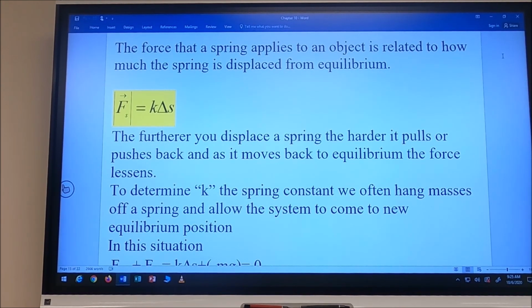A spring force is a variable force. That's going to pop up later, but for right now, a spring force depends on how much it's stretched or compressed. So we can determine the k value, the spring constant for a spring, by hanging masses from a spring and allowing the system to come to a new equilibrium position.